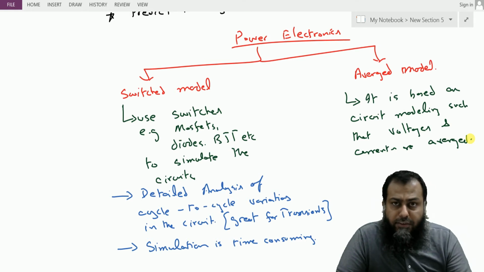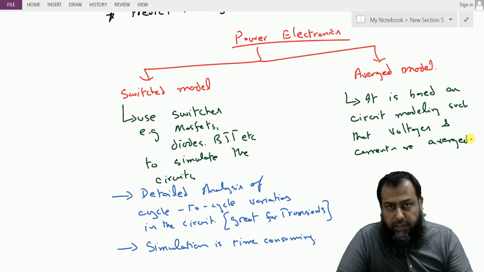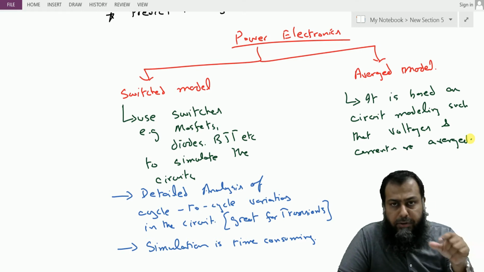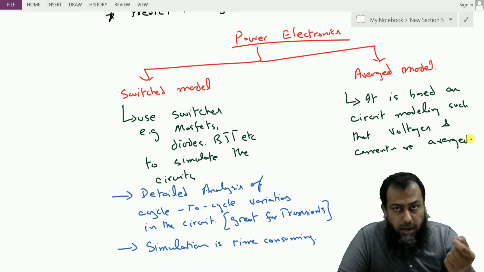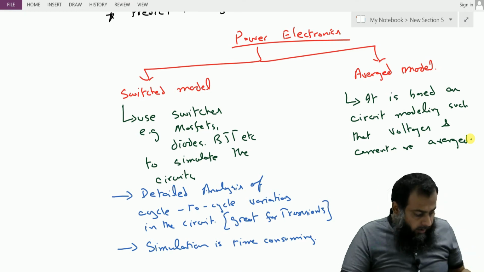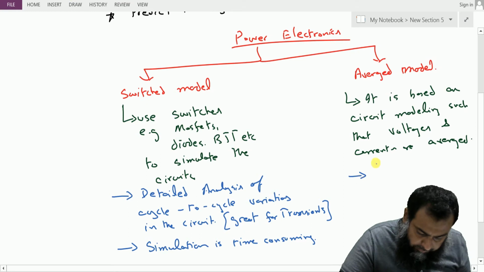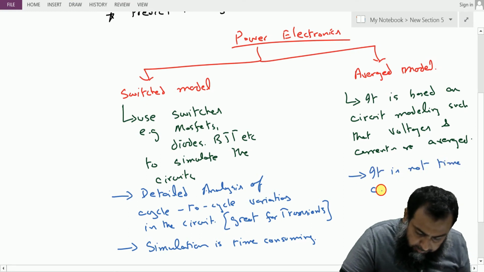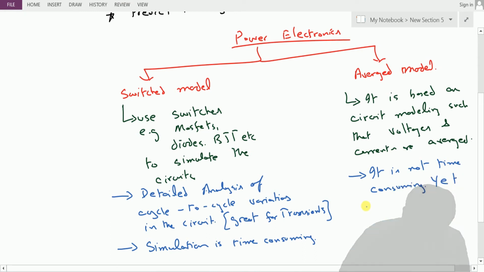And therefore, this average model development is an interesting topic in power electronic circuits. We will see in a brief manner how we can develop an average model for a buck converter. The basic advantage here is that it is not time consuming, yet it gives us important information.